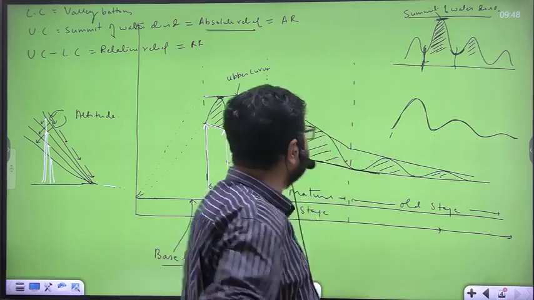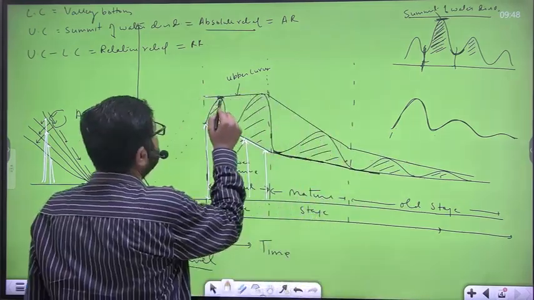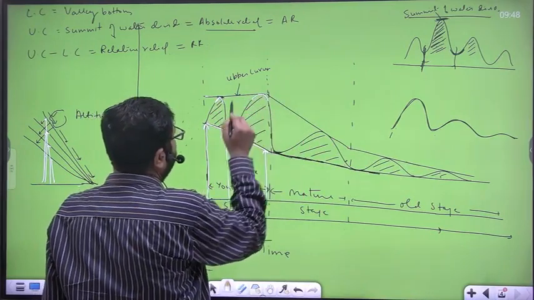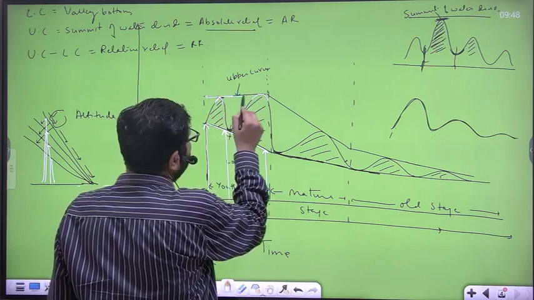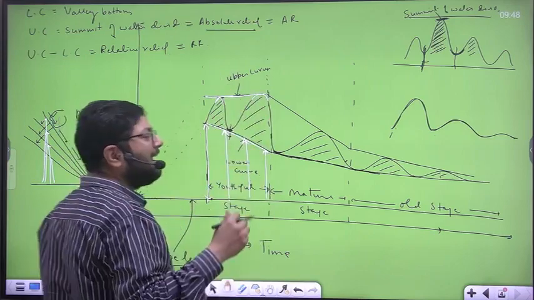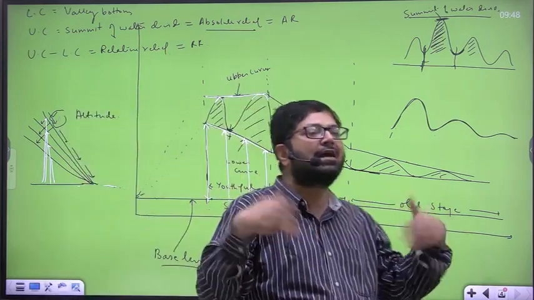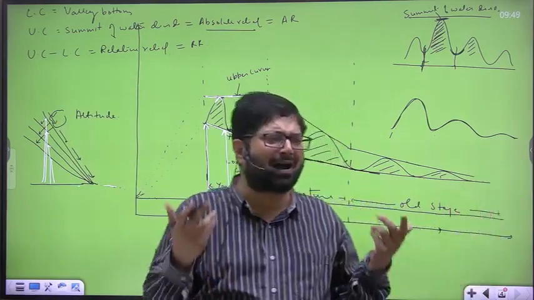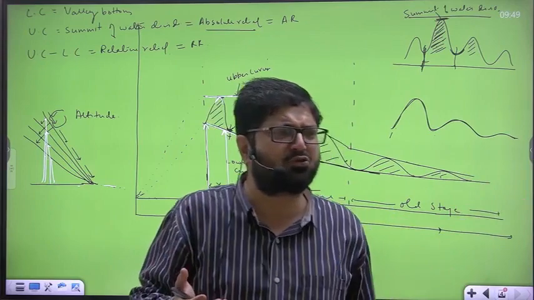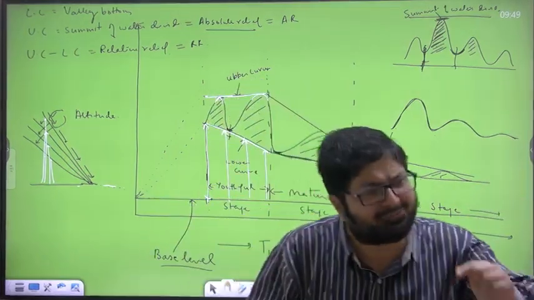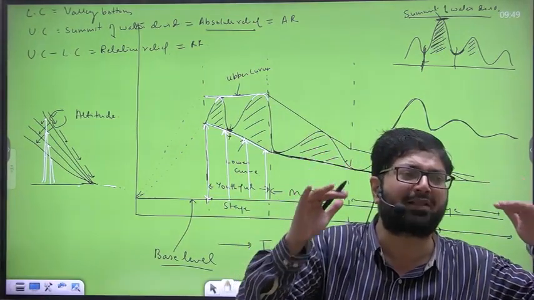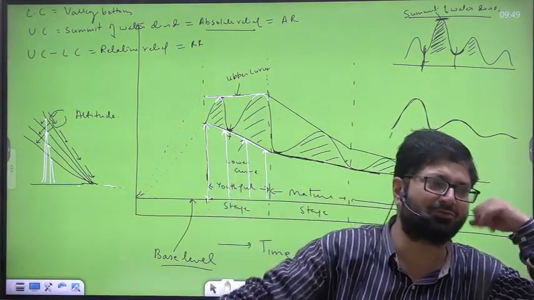In youthful stage, the summits of water divide are not affected. The youthful stage has been defined in such a way that until and unless summits are weathered, youthful stage continues. भाई जवानी में कहाँ बाल झड़ते हैं? नहीं, ये सोचो, youthful stage has been defined in such a way that until summits are weathered, youthful stage continues.